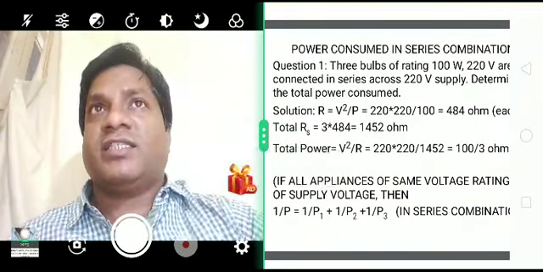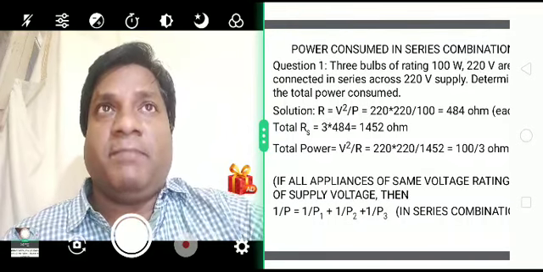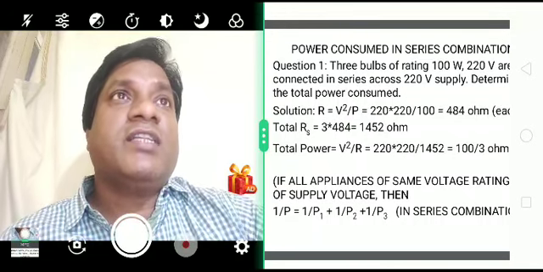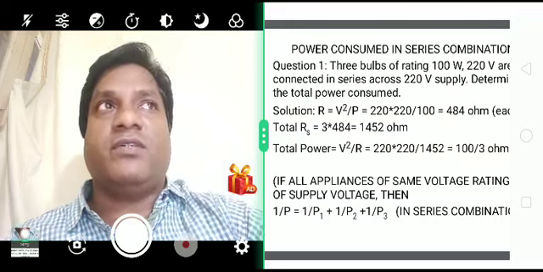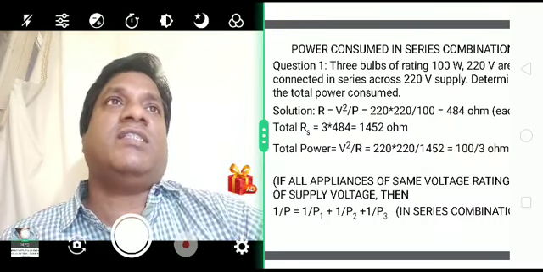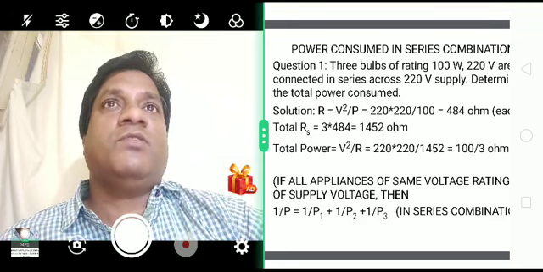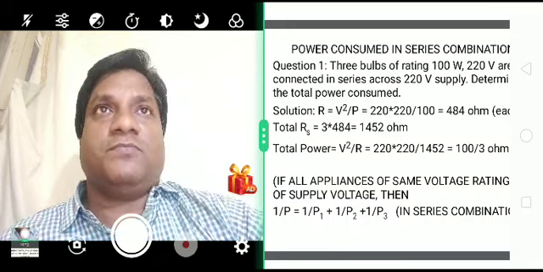So let's see an example. The power consumed in a series combination of appliances or resistors. Suppose there are three bulbs of rating 100 watt and 220 volt, and they are connected in series across a 220 volt supply. We have to determine the total power consumed. Now see the solution.